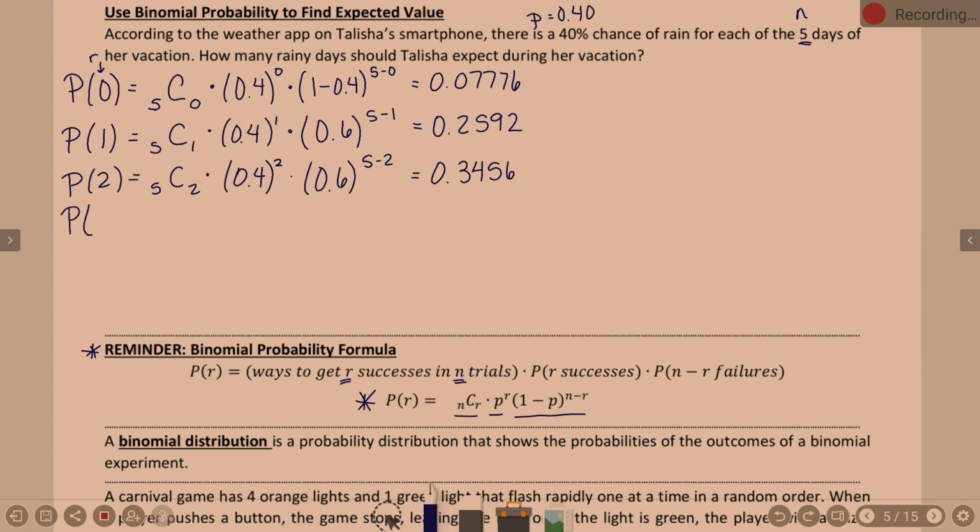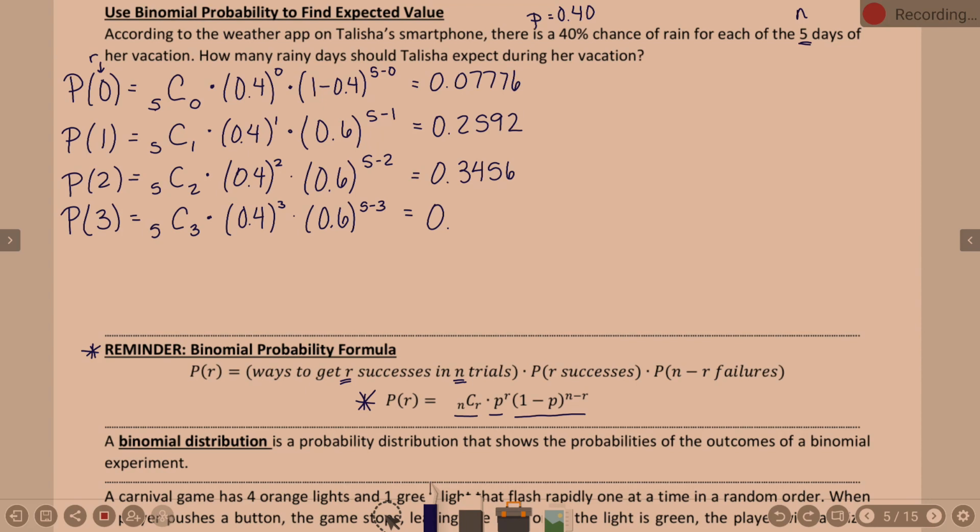Probability of 3. 5C3, 4/10 to the third, 6/10 to the 5 minus 3. You can also just go up, and if you arrow up, just arrow over and change numbers.